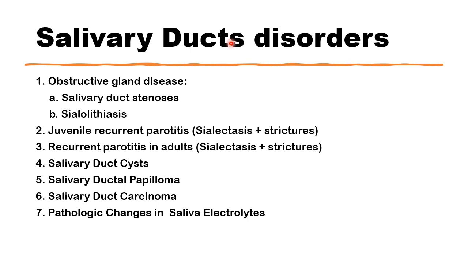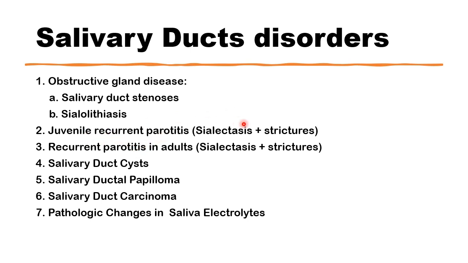Salivary duct disorders, including primarily obstructive salivary duct diseases, whether these are due to stenosis of the ducts or due to stones impacting in the ducts. We shall also discuss recurrent parotitis due to duct problems, including the juvenile and the adult versions.